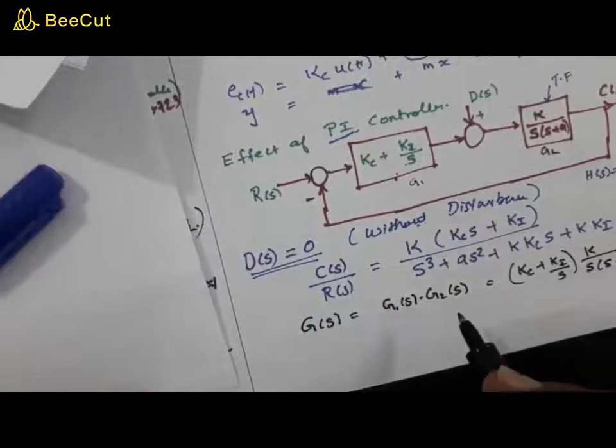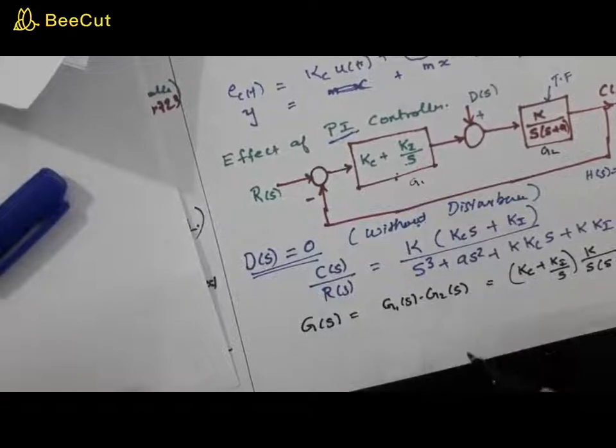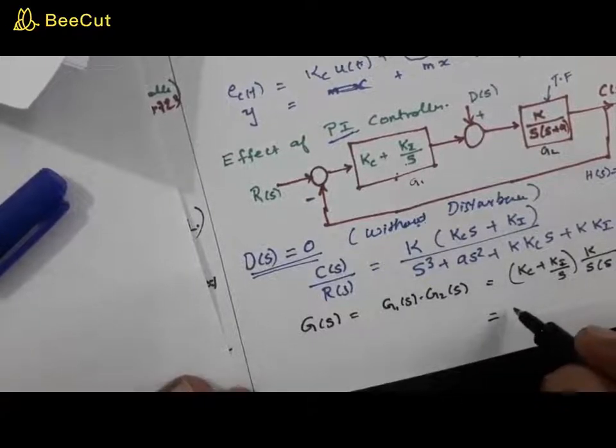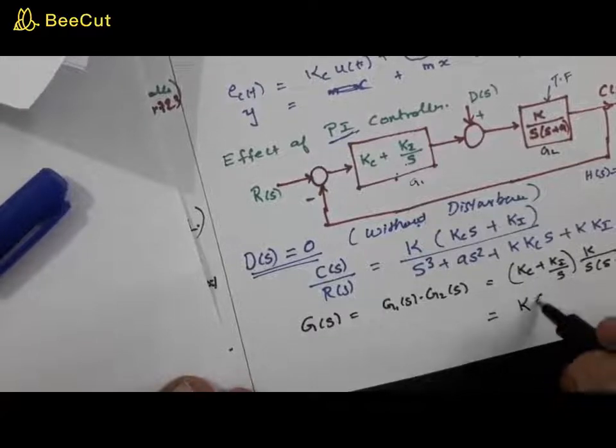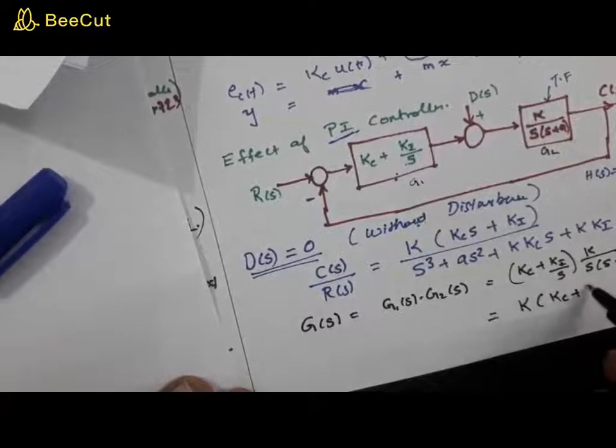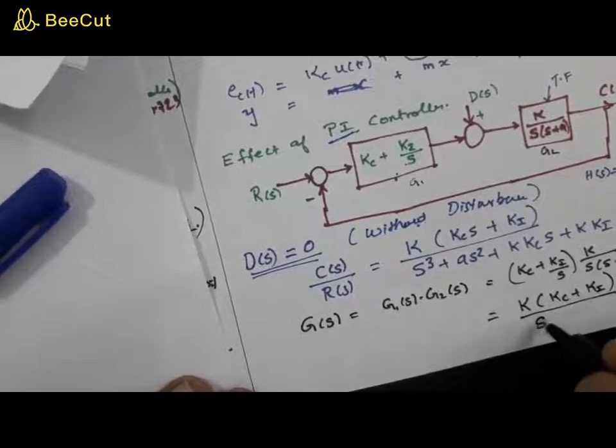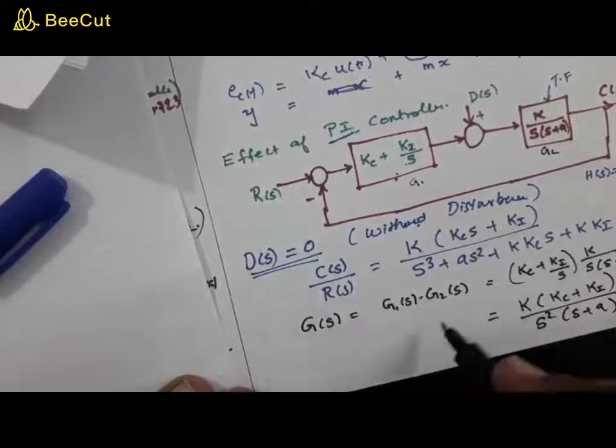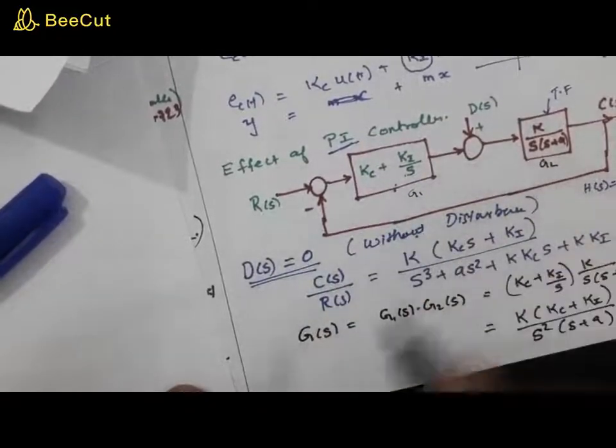After simplification, you can write this as k into (kc s plus ki) divided by s square into (s plus a). Okay, so this is your effective g of s.